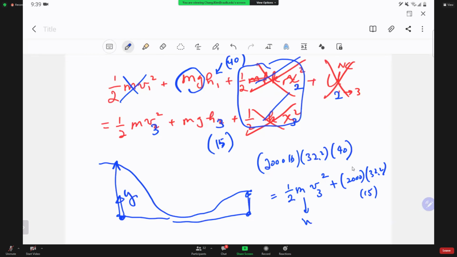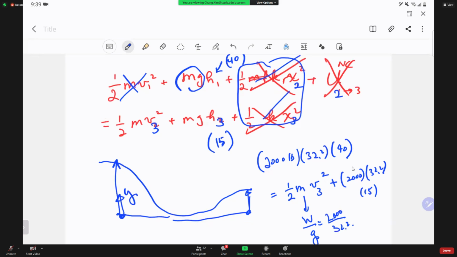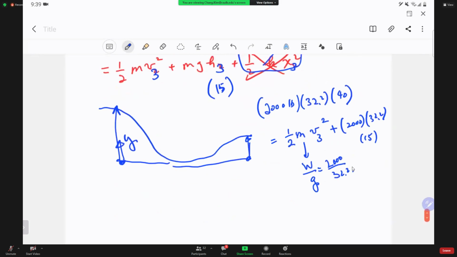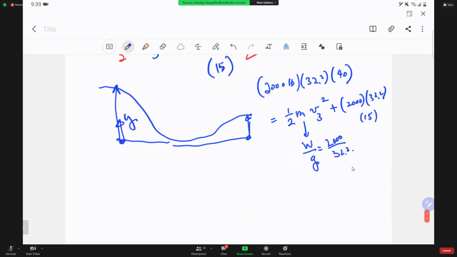Mass is W divided by g, which is 2,000 divided by 32.2. When you do that, you will have the velocity, which is 40.12 foot per second.